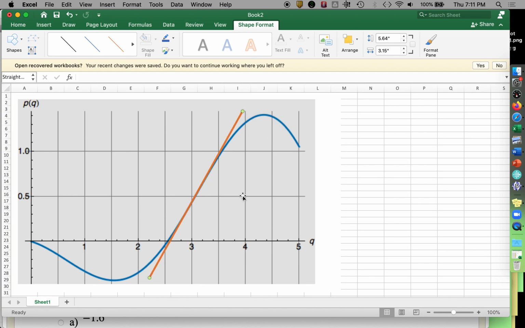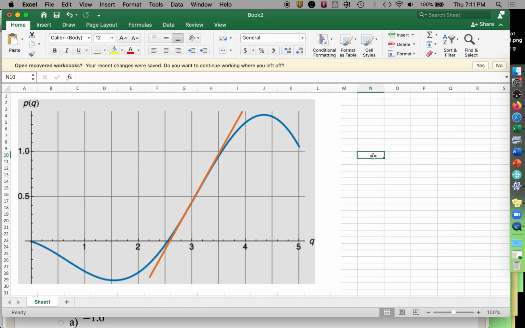Now pick out a couple of points that are on the line. These are in the form Q, comma, P, so Q is the horizontal. Obviously I want to use the one that it was based on, and that is 3 comma about 0.4. So 3 and then 0.4 should definitely be one of our points.